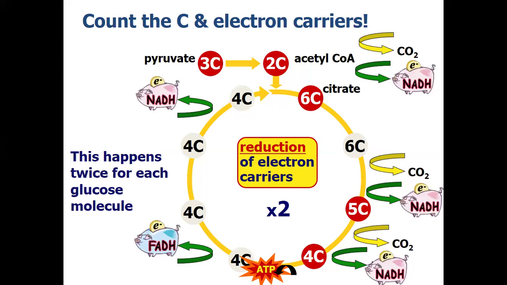So the first one is when the acetyl-CoA binds with oxaloacetate to give the citric acid or citrate. So you can count it here: 1, 2, 3, 4, 5, 6, 7, 8, 9. And this happens twice for each glucose molecule. The Krebs cycle happens twice.